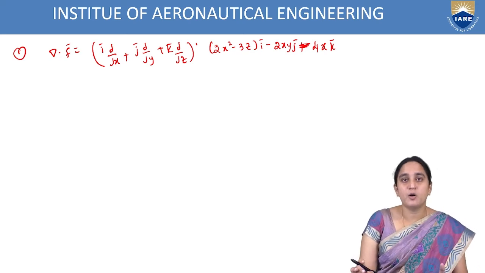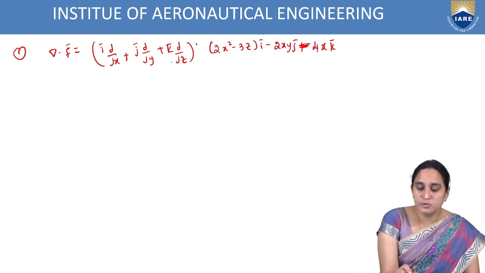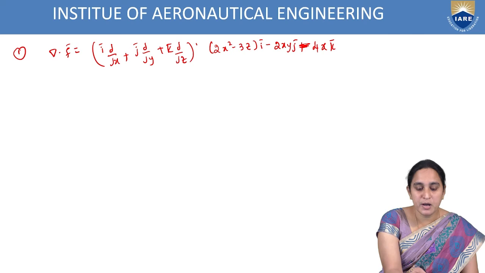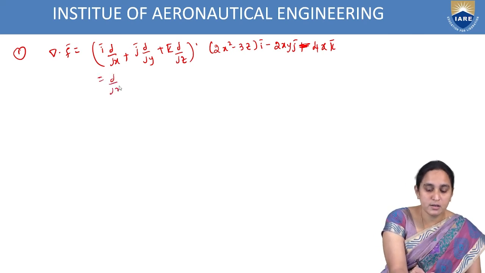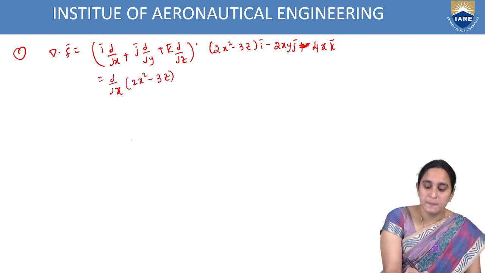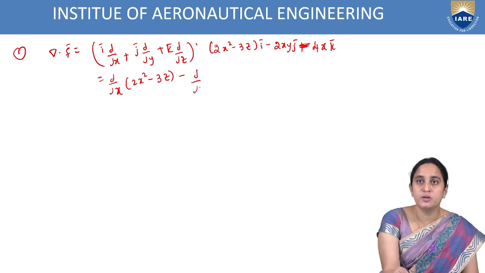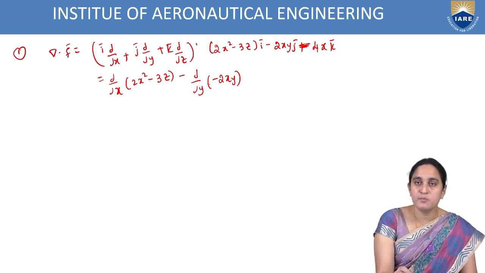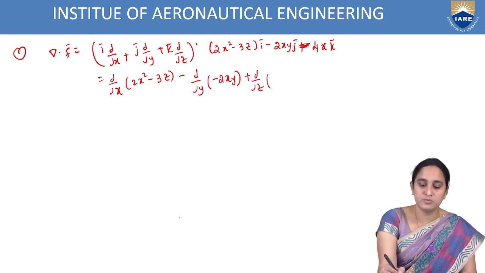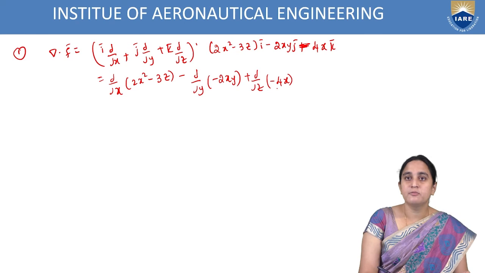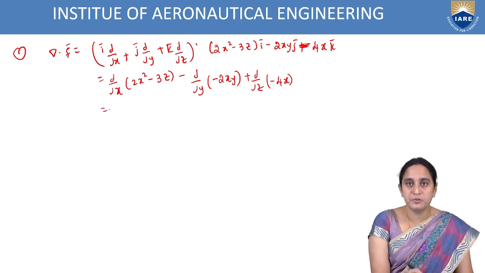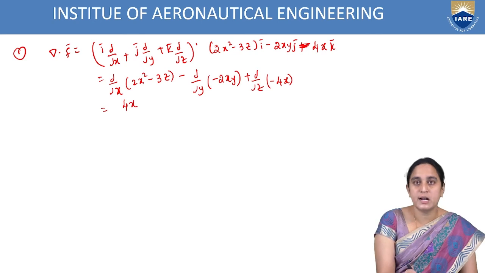Once you see here, the del operator and f bar are both in vector form. Then how to multiply both the vectors here? The i bar coefficient is dou by dou x of 2x square minus 3z, the j bar coefficient is dou by dou y of minus 2xy, plus the k bar coefficient, dou by dou z of minus 4x. From that, with respect to x differentiation gives 4x, with respect to x, z gives 0.